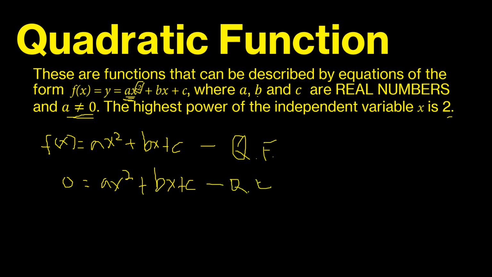So in short, a quadratic function is ax squared plus bx plus c equals a dependent variable f of x, or simply y, while a quadratic equation is ax squared plus bx plus c, the general form, equals 0.